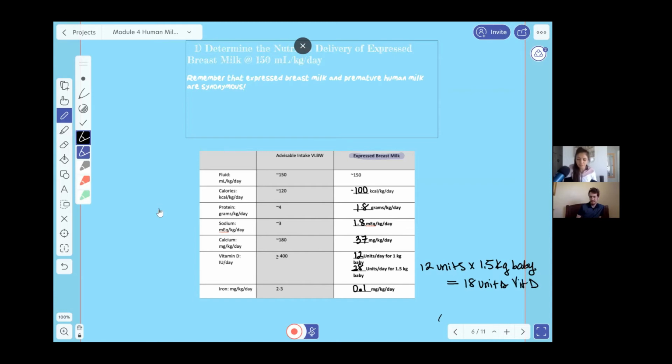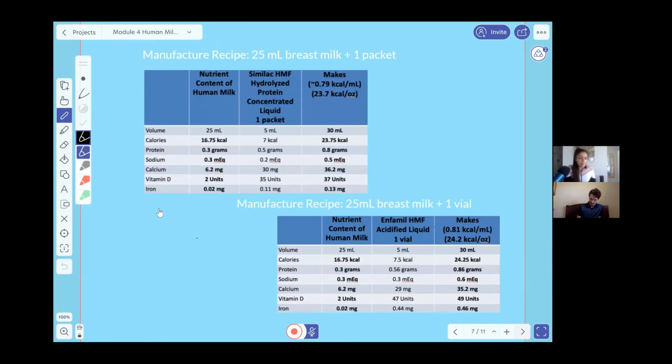Let's move on. Okay, so next she gives us these charts. This is again why it's so imperative to pay attention to your units. So here, this is comparing our human milk, which is our expressed breast milk, preterm human milk, whatever you want to call it, it's the same thing.